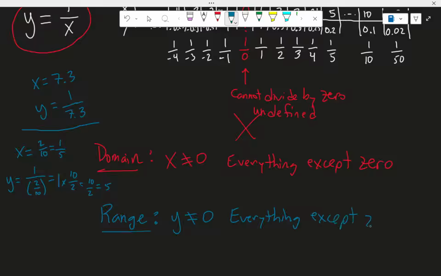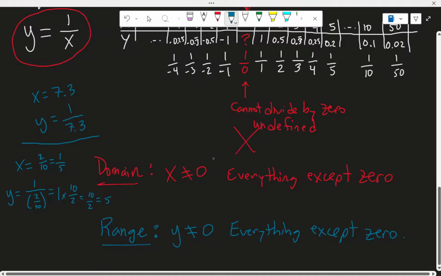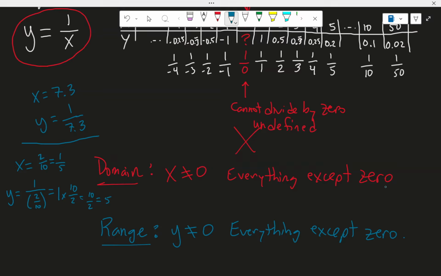We can plug in the right things to get anything we want out. The only thing we can't get out is 0. There's nothing to plug into that equation to get out a 0. So here's our domain. Our domain is x cannot be 0, which means everything except 0 is okay. And our range is y cannot be 0. That means our range is everything except 0.